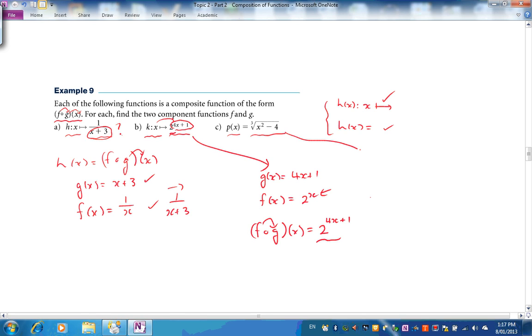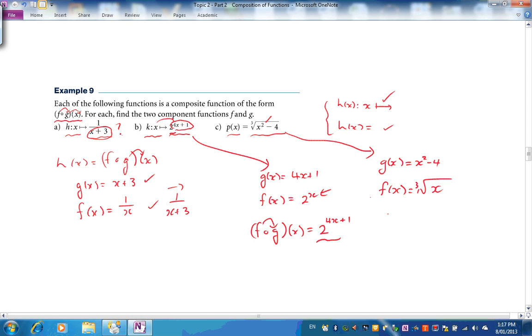Okay, let's have a look at this one here. What are the 2 functions here? Well, I think you can see we're doing the cube root, but before we do that, we have done g, which is x squared take 4. And then we've done f of that, f on that, which is the cube root function, cube root of x.